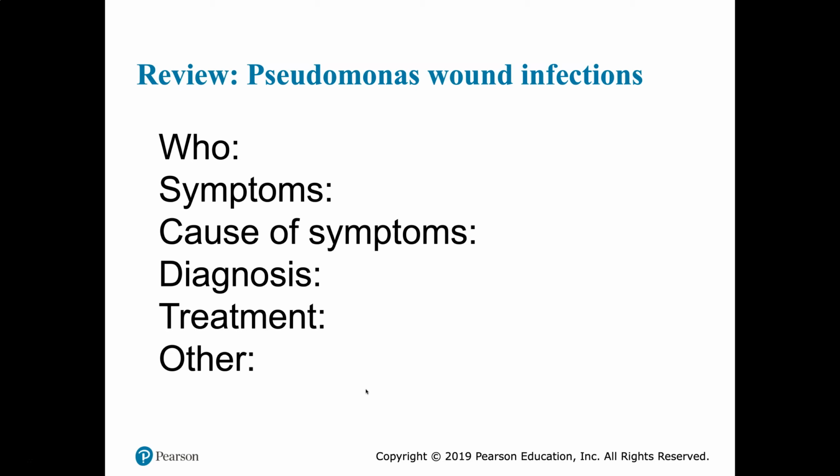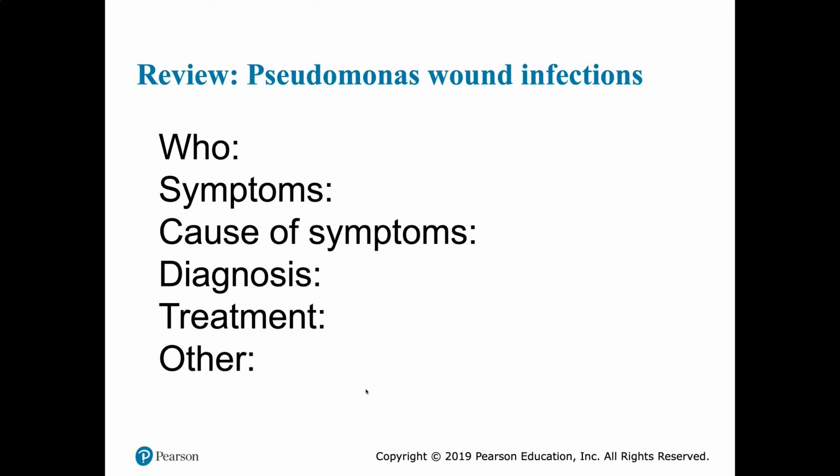So it's very important that we debride the wound, scrape out all the dead tissue, and then give antibiotics. Depending on whether it's a resistant strain of Pseudomonas or not, usually you start with a broad spectrum and then maybe a more narrow spectrum later in treatment if it's not getting better.